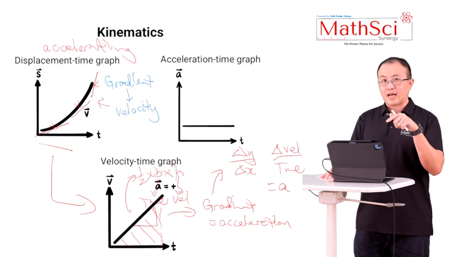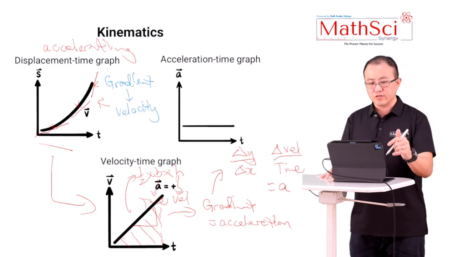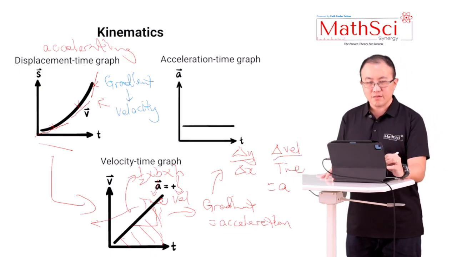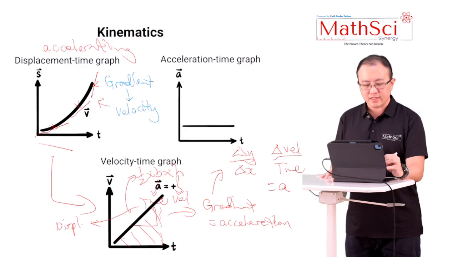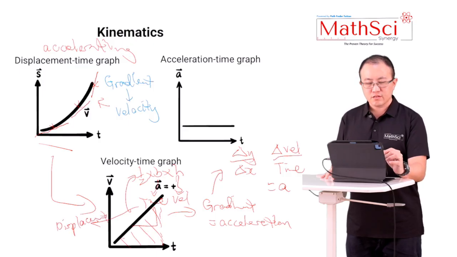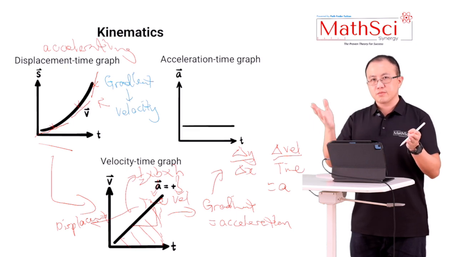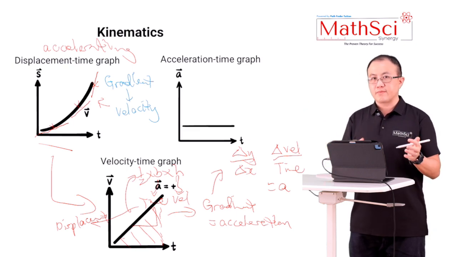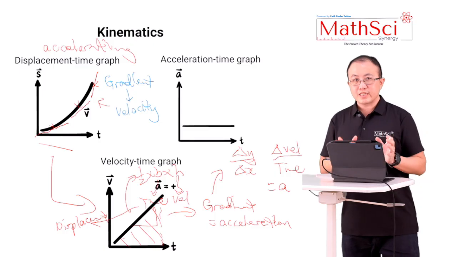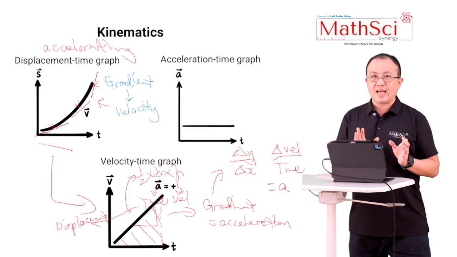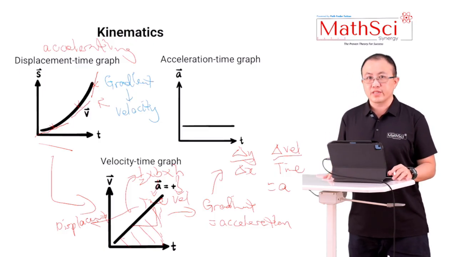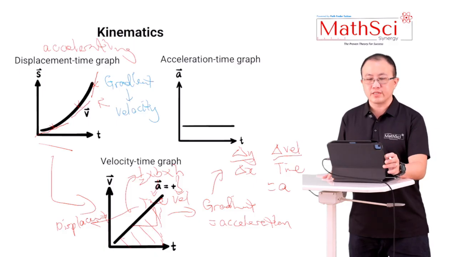So velocity times time, or speed times time, gives you distance, isn't it? But now it's displacement, so this is velocity, then it will give you displacement. So yes, speed times time is distance, or velocity times time is displacement. So use this idea to help you remember what exactly the quantity represents. This will really help you a lot.